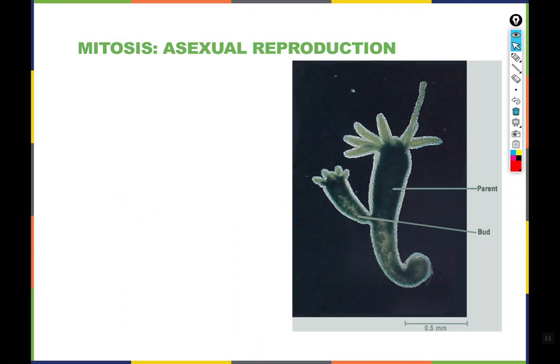Another way to reproduce asexually is called budding. This is a multicellular organism. I believe it is a coral polyp or something similar. It's an invertebrate regardless. I'm not exactly sure what it is. But regardless, the parent organism is going to grow a bud, and the bud is eventually going to reach the size and shape of the parent organism, and then you'll have two organisms that are genetically identical to each other.